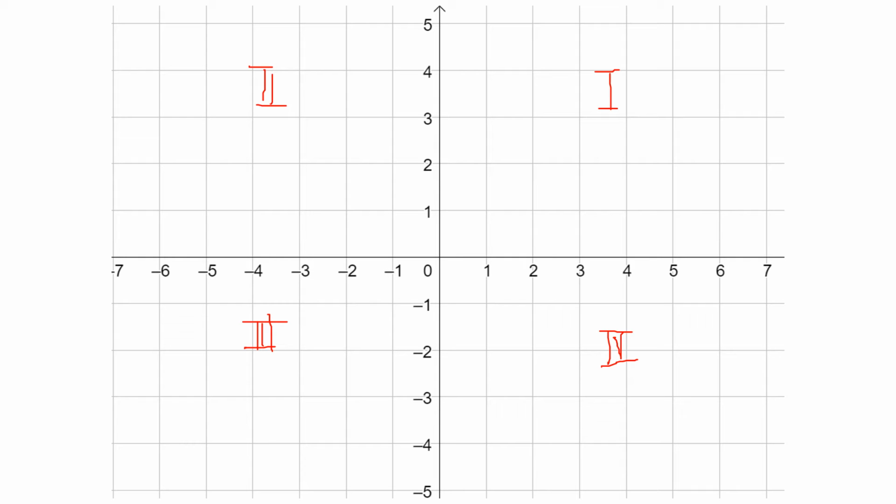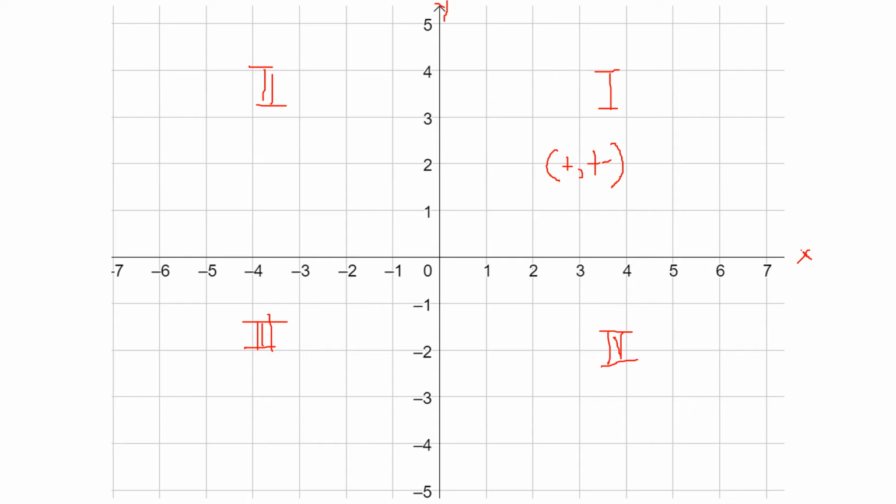All the points in quadrant 1 are positive. All points on the right side of the x-axis are positive, and on the y-axis, all points on the upper part are positive. So in quadrant 1, all points must be positive.